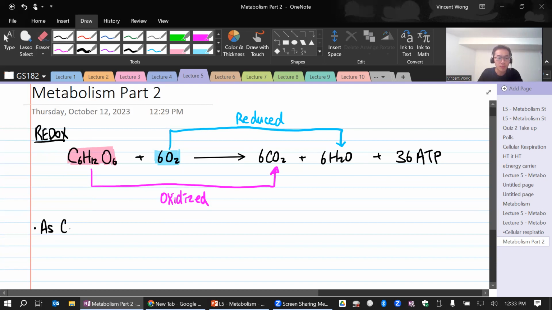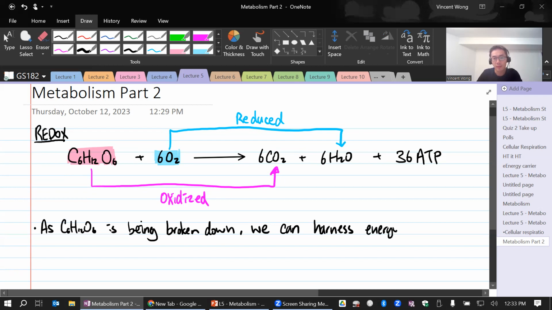As glucose is being broken down, we can harness energy from it in 2 ways.